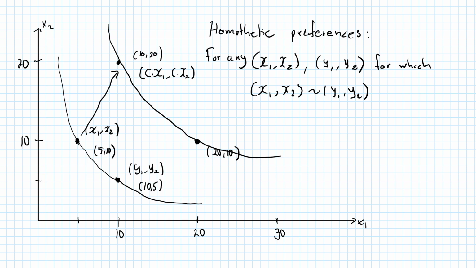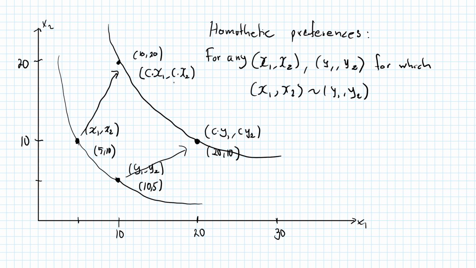I've doubled the amount of each good in the bundle. We do the same thing to the y bundle. So if I double my x bundle, I need to double my y bundle. So this new bundle will be denoted by c times y1, c times y2. All four constants c are the same. And c can be any number now, as long as it's strictly positive.